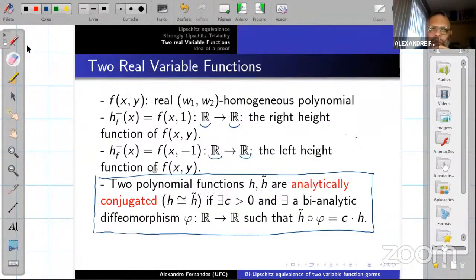Two polynomial functions are analytically conjugated, we denote it this way, if there exists C, a positive real number, and a bianalytic diffeomorphism from R to R, such that f tilde composed with the bianalytic map is equal to f up to multiplication by a positive number. This is our analytic conjugation.